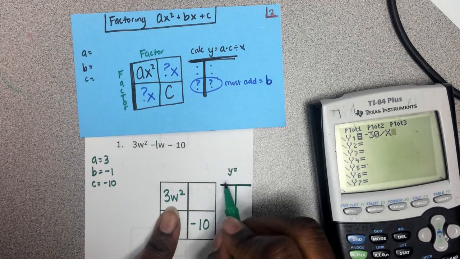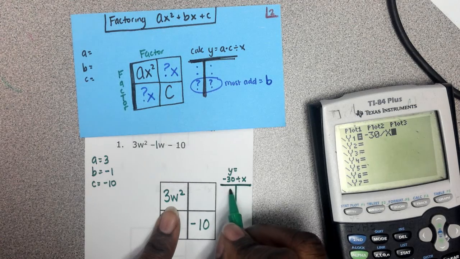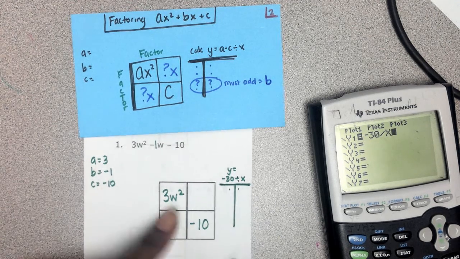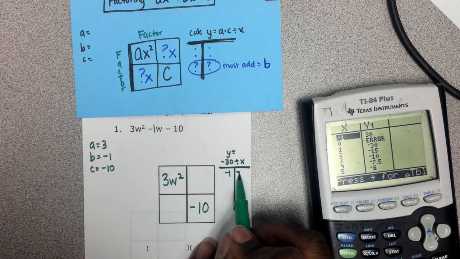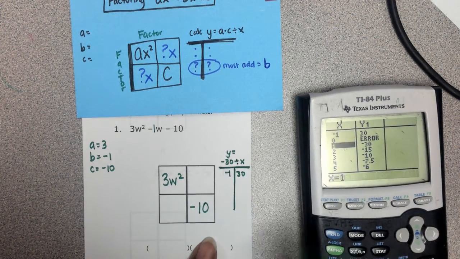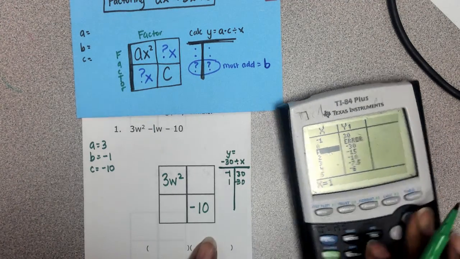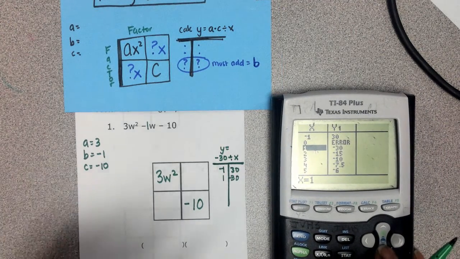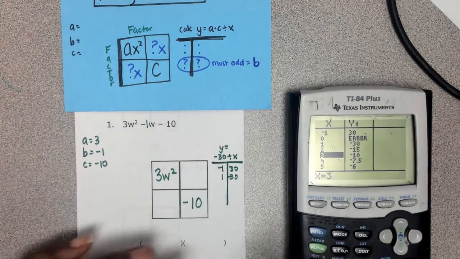The only reason why we put the divided by x is because we want them to give us all of the possible factors. Some people already know that -1 times 30 equals -30. Some people know that 1 times -30 already equals -30, but some people need a little bit of help with their factors of -30, so that's why we've been using the calculator.